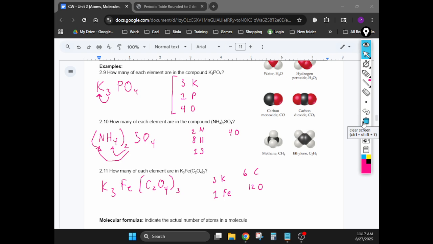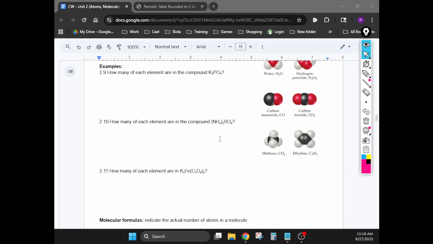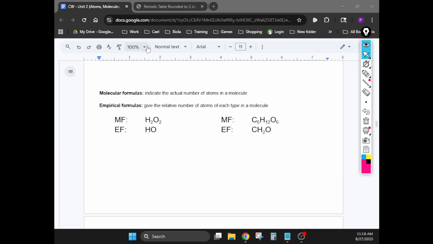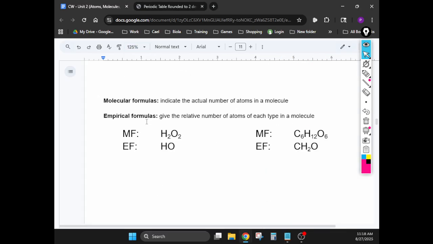Before we move on to the last topic, which is ions, we're going to talk real quick about something we'll discuss more in future units, but I want you to be aware of it. There are different types of formulas for molecules. You don't need to write the definitions down.